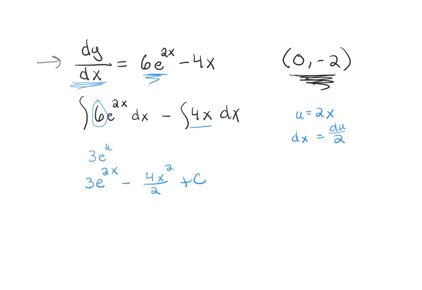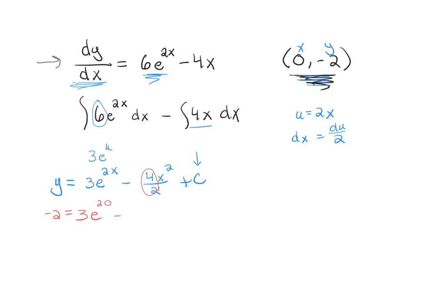And if we started with dy/dx, then this is y. So to get the particular solution, we want the y function that goes to this point. So we have to solve for c by plugging in x and y. So I'm going to plug in -2 for y. 3e to the 2 times x, and x is 0.